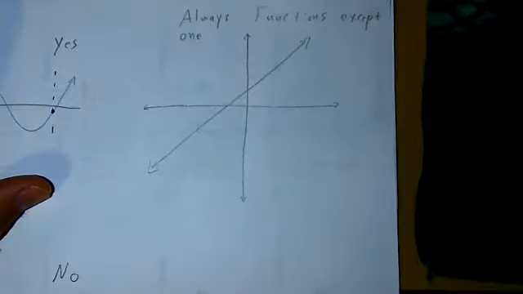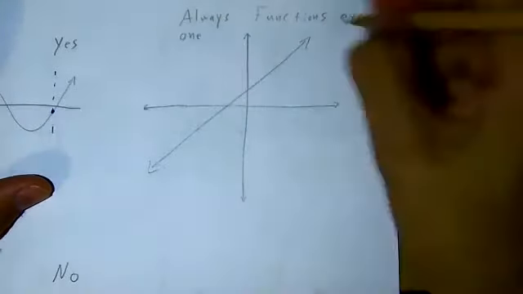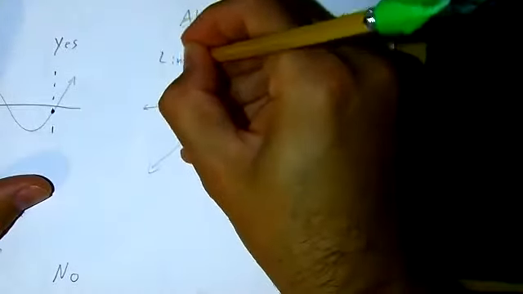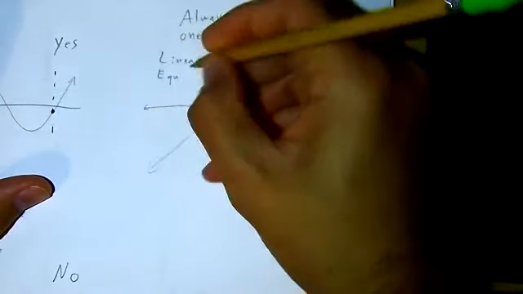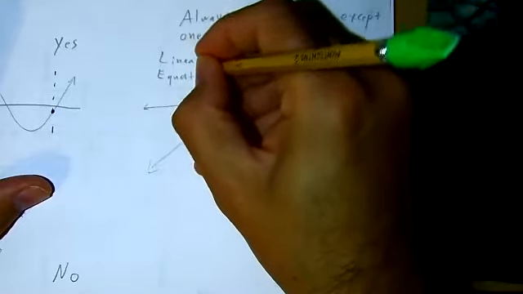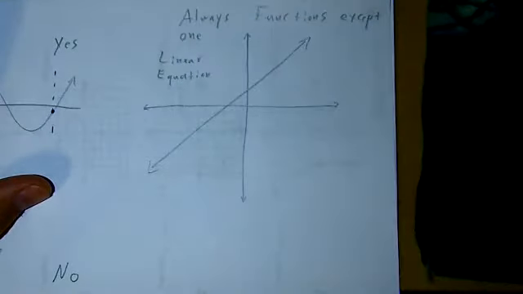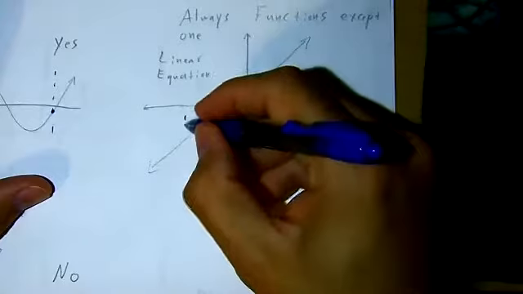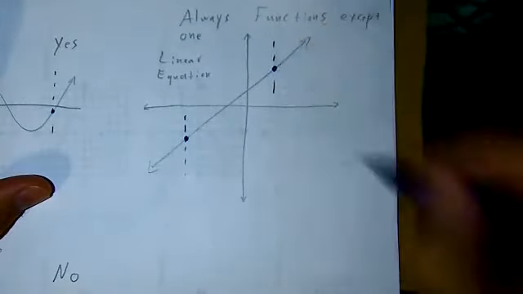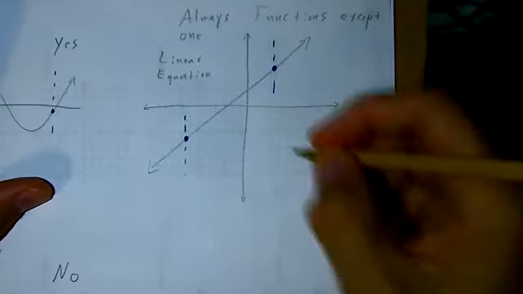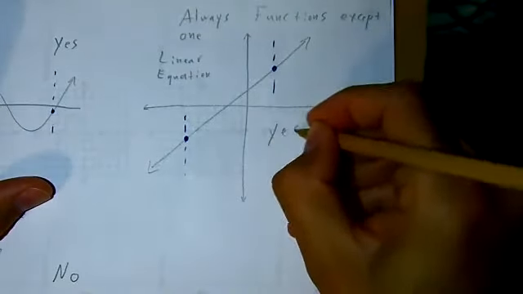And I'll draw that one here in a minute. So this is a linear equation, which just means it's straight. So no matter where I draw this vertical line, I'm only going to cross one time. So this is a yes.